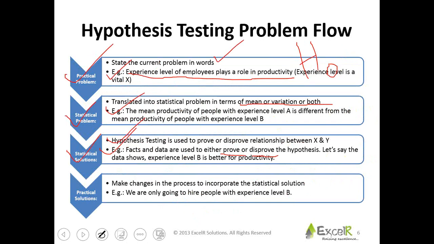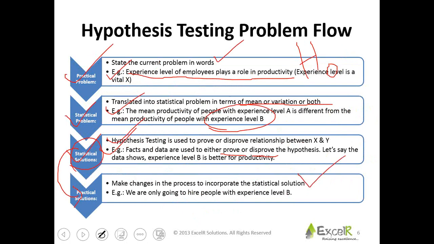Let's say the data shows experience level B is better for productivity. For example, based on this, there was some hypothesis testing done and experience level B is better for productivity. That is the final statistical solution. This statistical solution people will not understand. So you need to translate that into a practical solution.